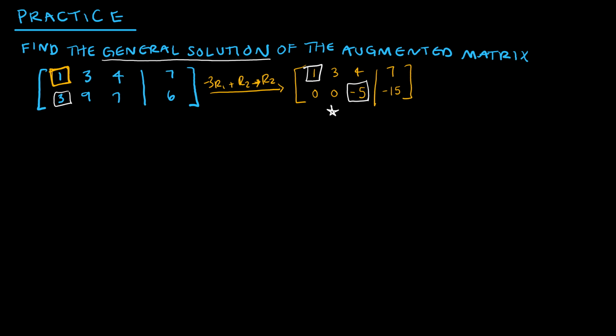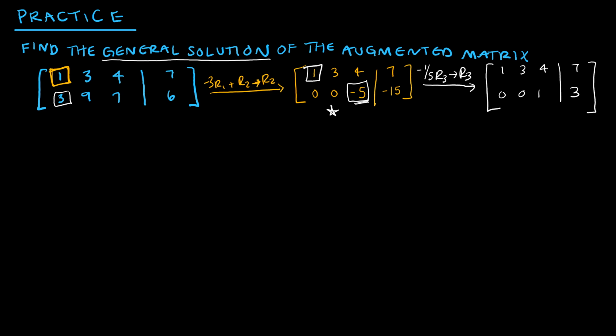I'm going to go ahead and finish before I write the general solution, and by finish I mean I'm going to take negative 1/5 of row 3 to get my new row 3, because remember I want this guy to be a 1. So what do I have? 1, 3, 4, 7, and then I'm taking negative 1/5, which gives me 0, 0, 1, 3.